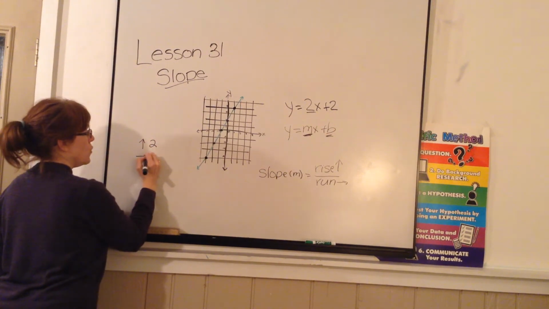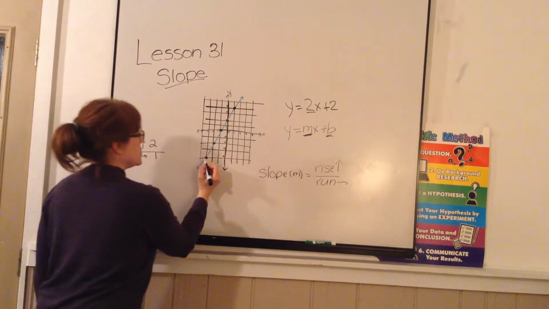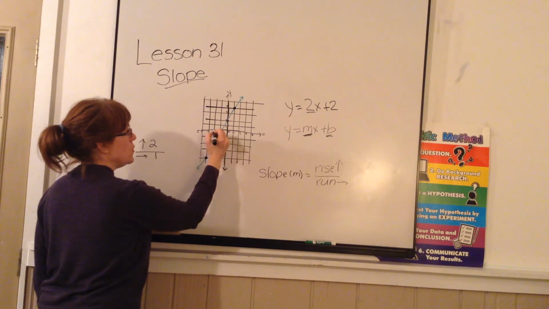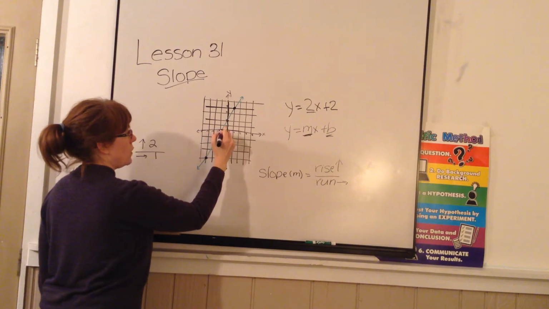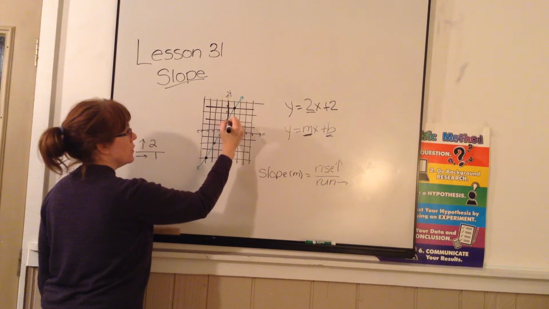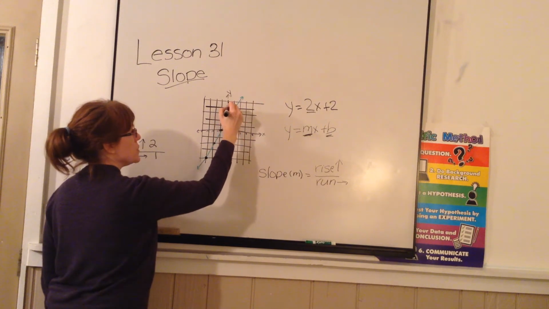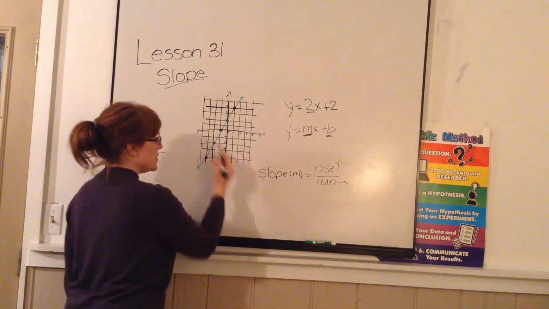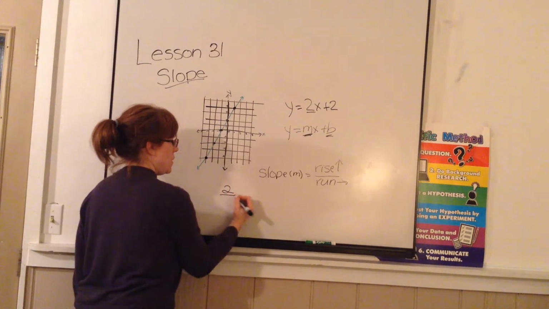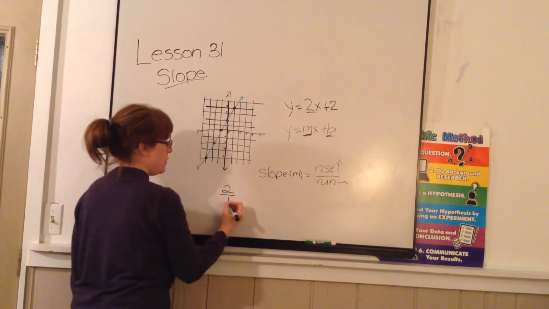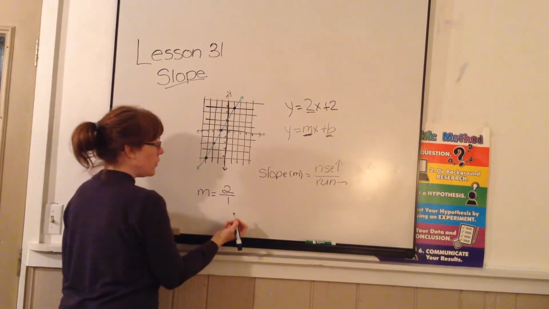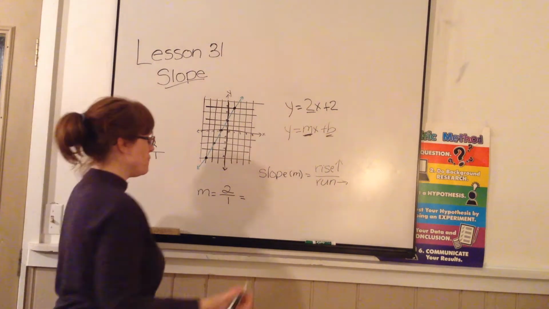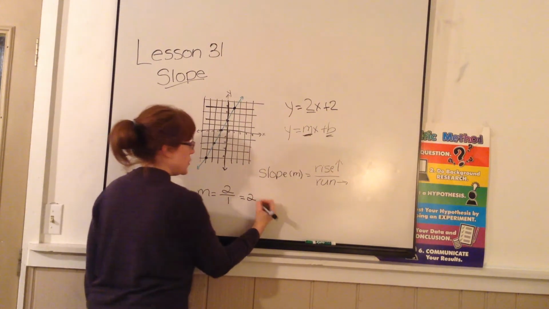So it's up 2 over 1. My rise is 2, my run is 1. Up 2, over 1, up 2, over 1. My rise is a positive 2, my run is a positive 1. So my slope equals 2 over 1. A simpler way to write 2 over 1 is just 2.